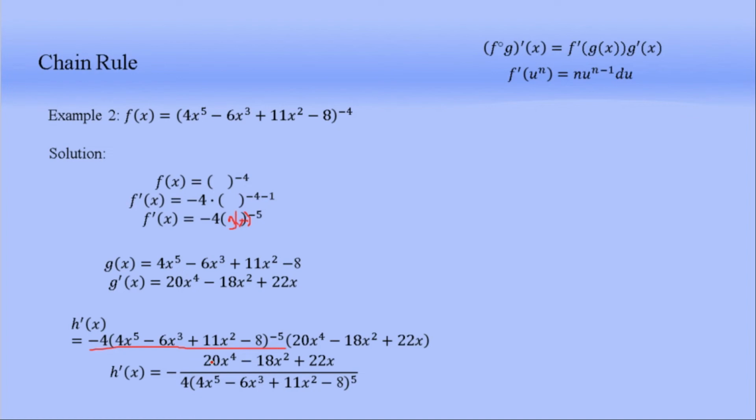So the derivative of this function by the chain rule is negative 20x raised to the fourth power minus 18x squared plus 22x over 4 times 4x raised to the fifth power minus 6x cubed plus 11x squared minus 8, raised to the fifth power.